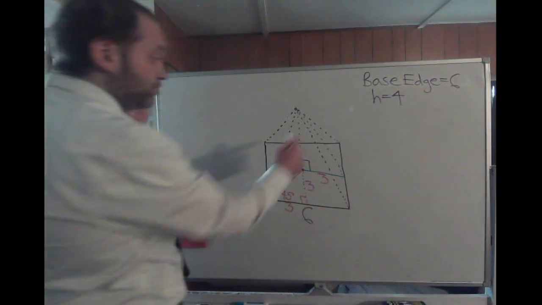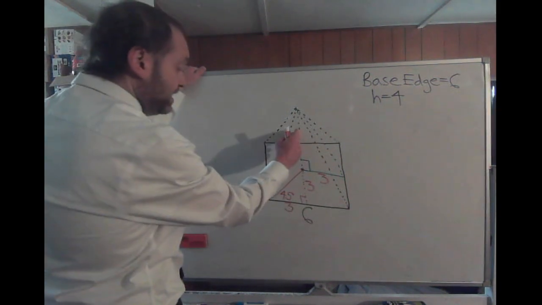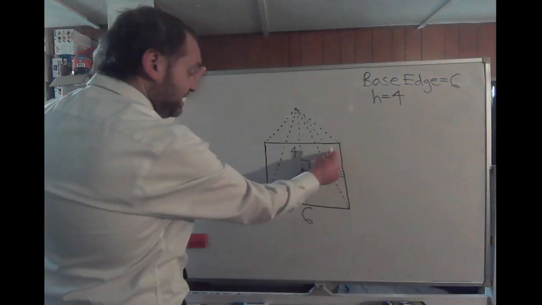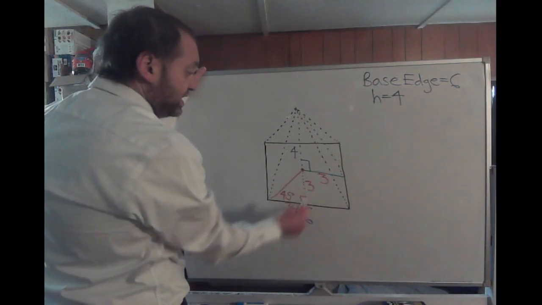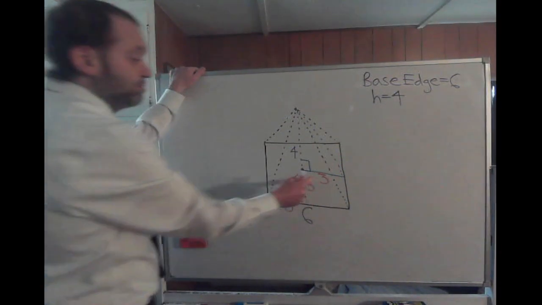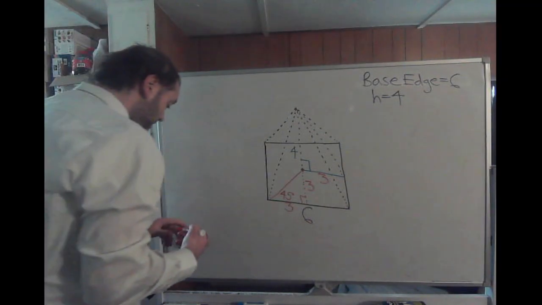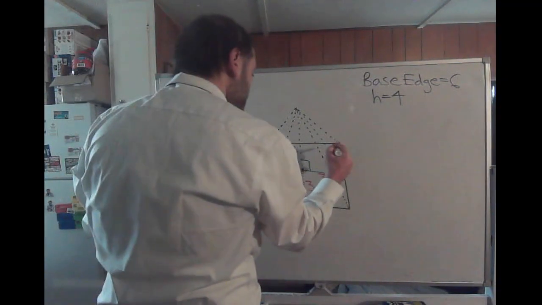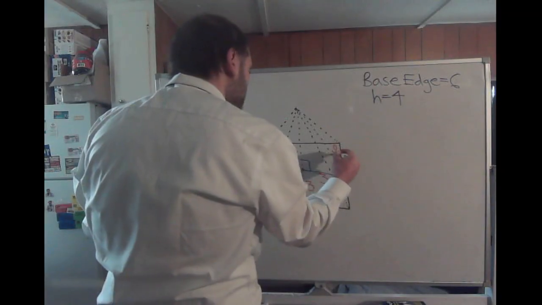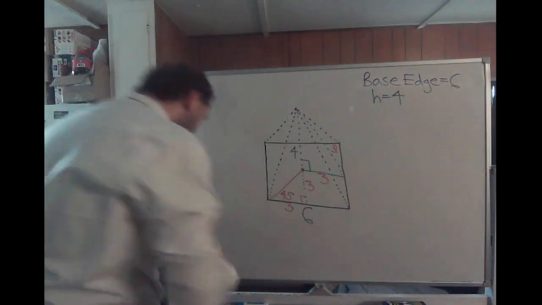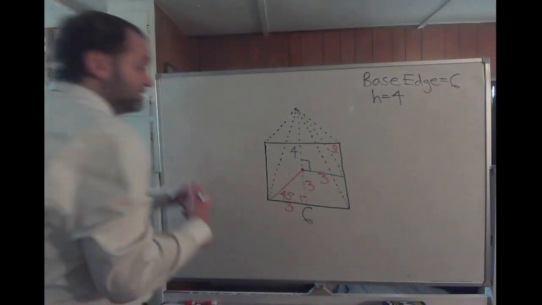Now I've formed a right triangle here between the height, the slant height, which would be the hypotenuse, and then this leg here being the apothem of the square. I can do Pythagorean theorem. We'll denote the slant height as L. That'll be the length of the slant height.